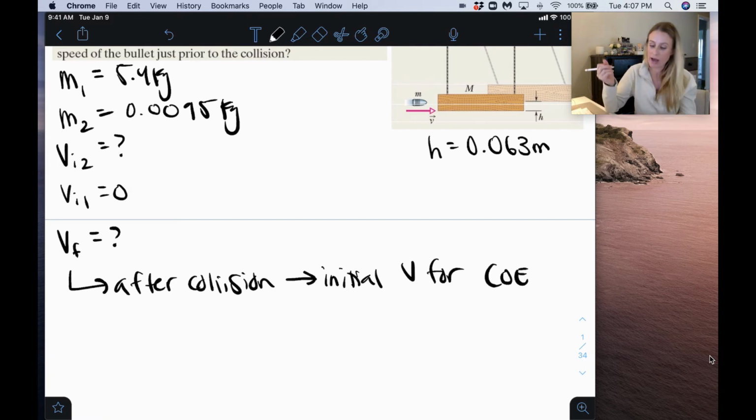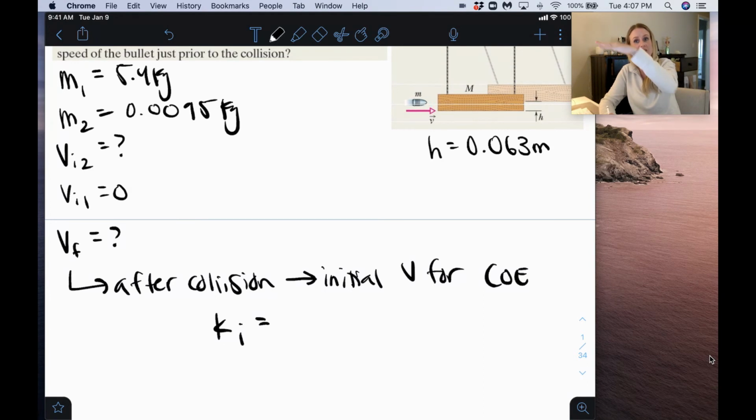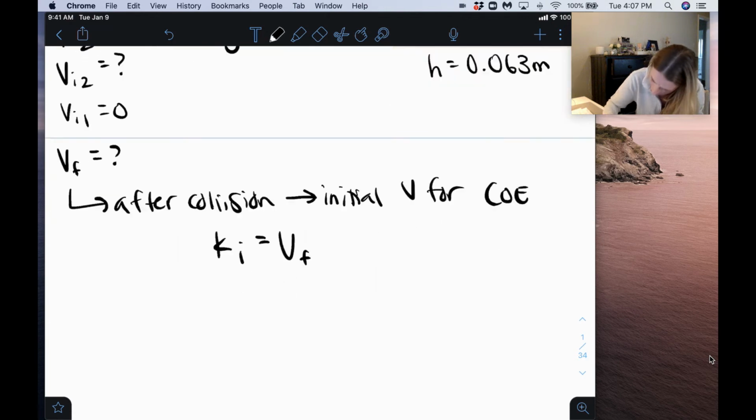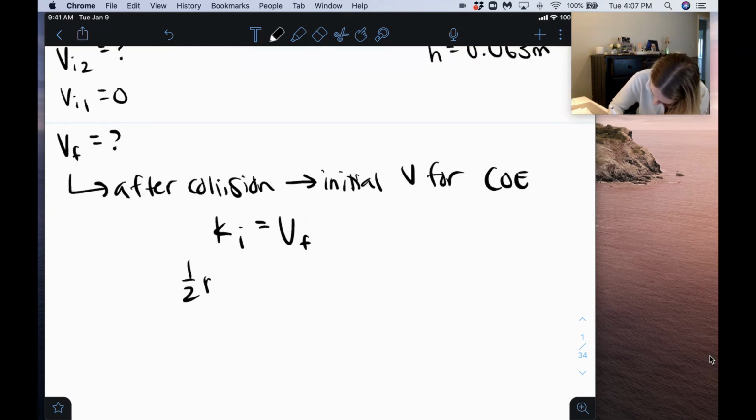When the bullet hits the block, it gives it some kinetic energy. That's the only energy I have in the initial case. I have kinetic energy initial, and that will turn into potential energy final at the top of that swing. That is 1/2 m v initial squared equals m g h final.